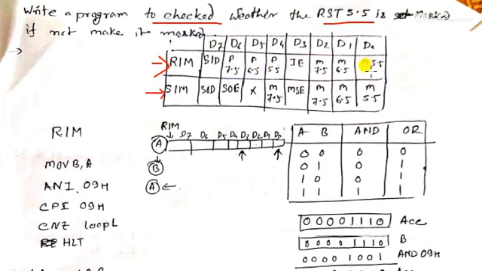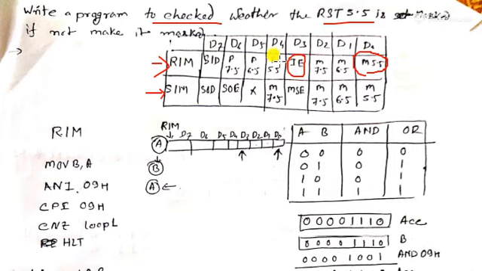We have to use the D0 bit and D3 bit, because in the RIM instruction, this bit position shows the RST 5.5 status. If it is 1, then RST 5.5 is masked. If it is 0, then RST 5.5 is unmasked. And if it is 1, then only this D0 bit will be activated. So D3 bit should be 1.